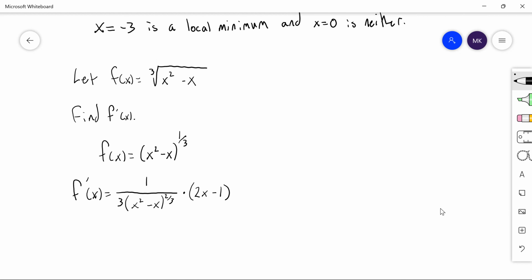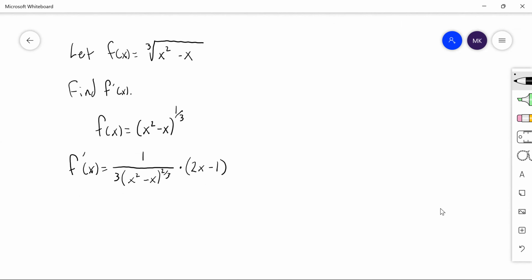Does everybody see how we get to this point? Yes. Okay. So I'll clean this up a little bit.